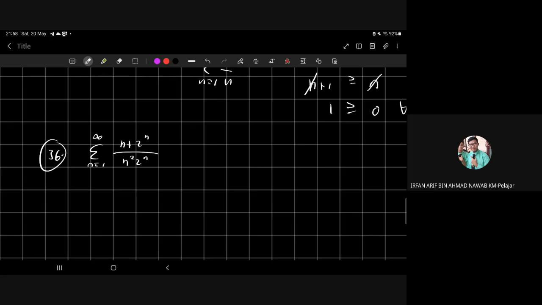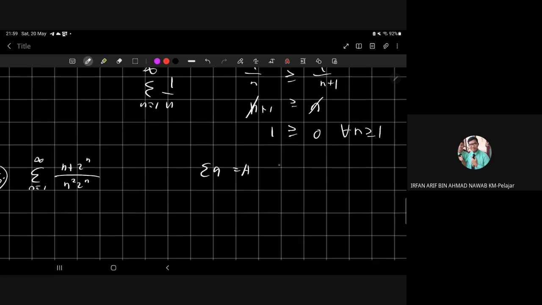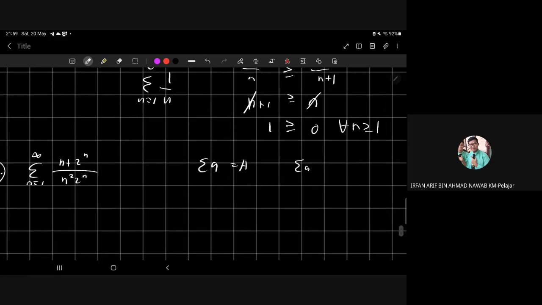So, you know what's funny? This one, you don't need any test. All you need is a theorem for series. Let's say we have series A converges to A, and series B converges to B. No, we don't need that information. All we need to know is that one of the series converges and the other diverges.